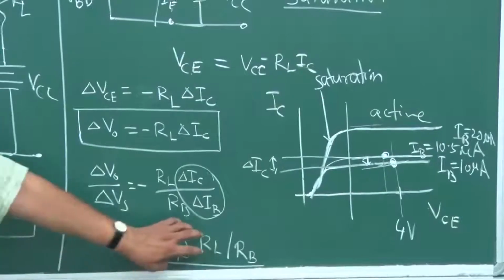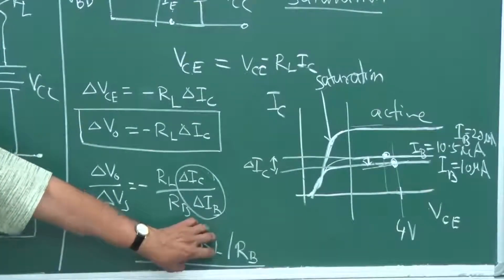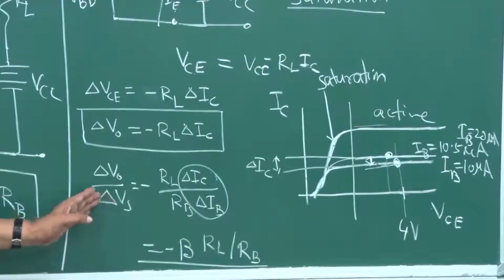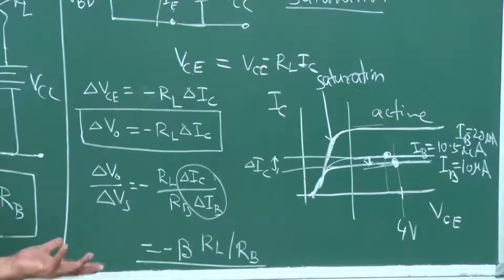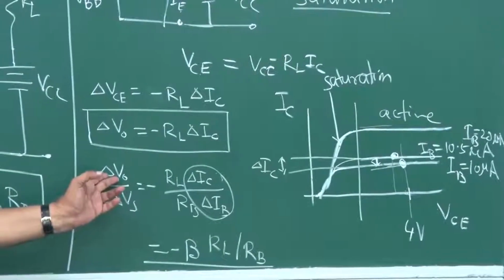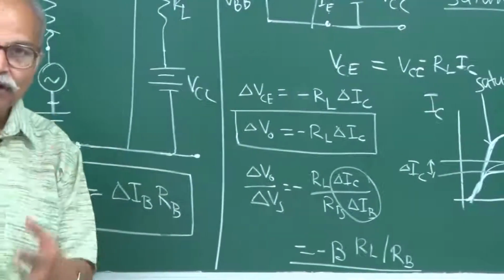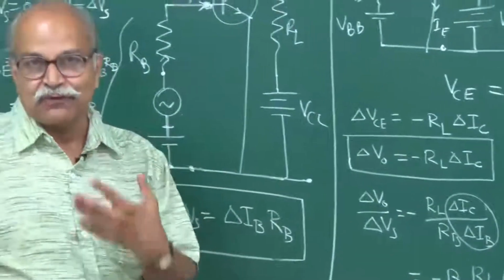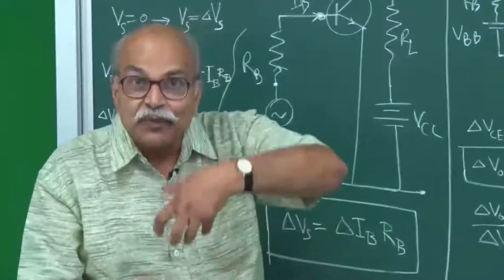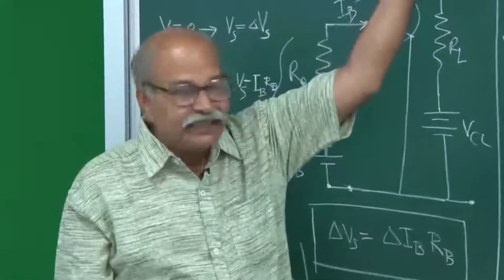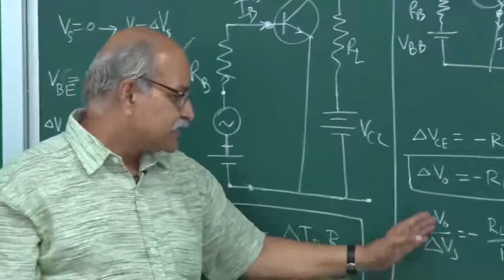And this is constant. So whatever is delta Vs, a proportionate change will come in this output voltage. So the shape of the waveform will remain the same, only the amplitudes will be increased proportionately, right.